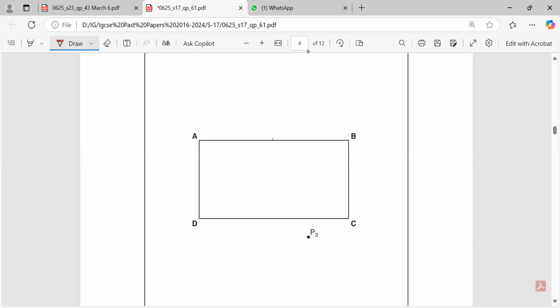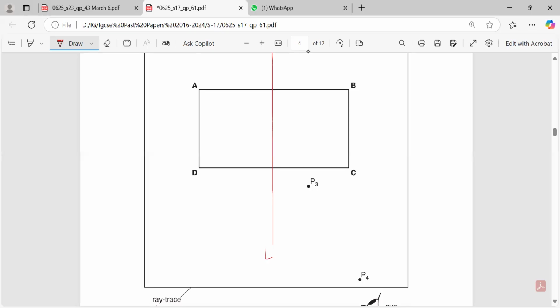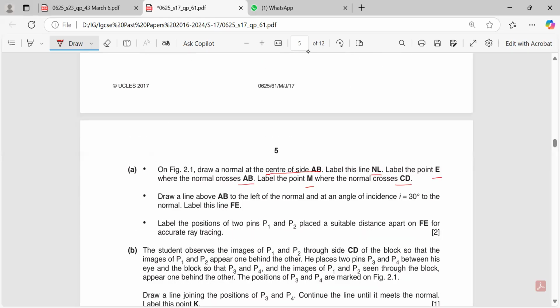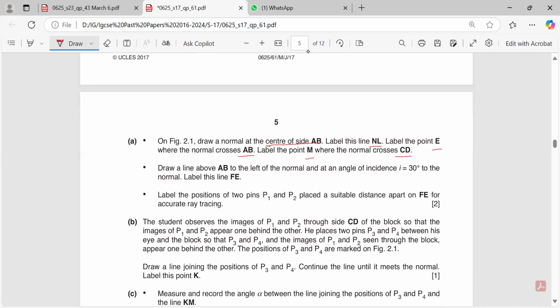So here we will draw a normal NL, a straight line. Where it crosses side AB, label this as E. Where it crosses CD, label it as M. But don't forget to write these alphabets. So label the point E where the normal crosses AB and label the point M where it crosses CD.